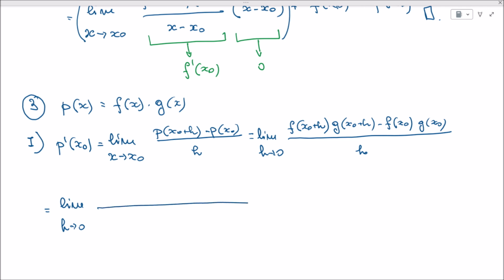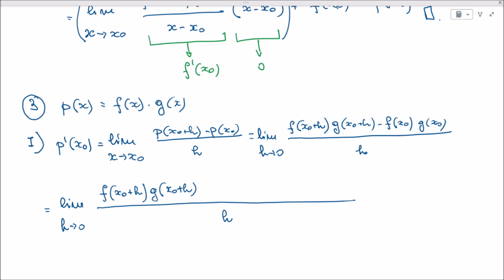I will rewrite the fraction here, h at the denominator, and the first term is f of x naught plus h g of x naught plus h. Now the idea is I would like to extract the derivative of f, right? And the derivative of g.